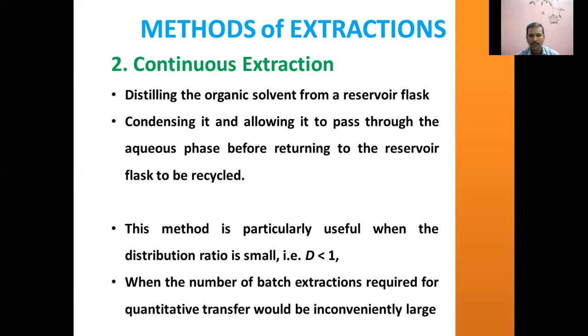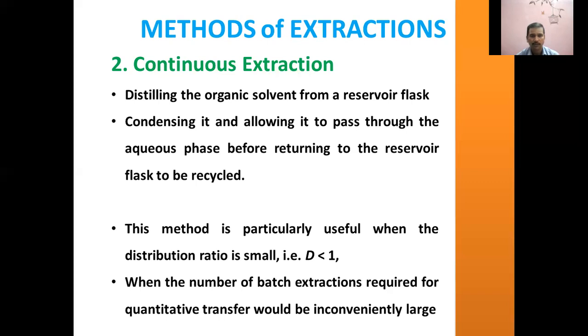Here we will utilize a sample tube which is provided with a condenser, because the solvent after passing to the sample tube has to be condensed into liquid. First step is we will convert the solvent into vapor by heating the solvent which is present in the reservoir.